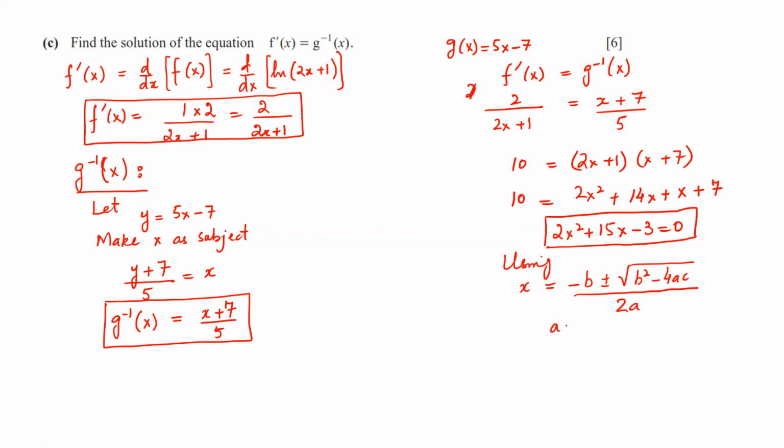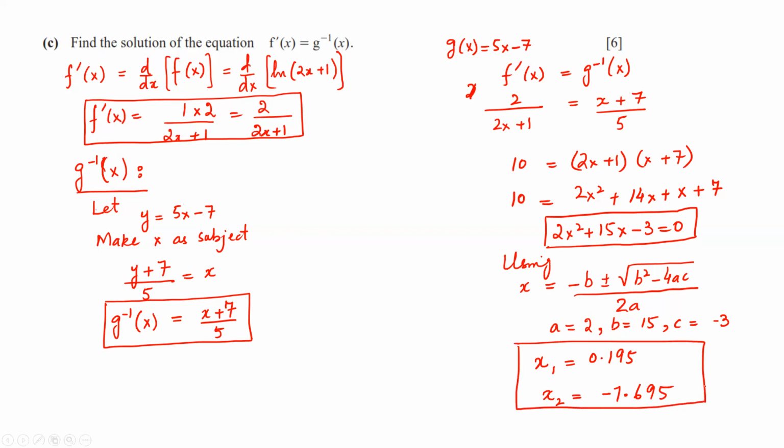We have a equal to 2, b equal to 15, c equal to minus 3. Now if we put these values, we get two roots. x1 is equal to 0.195 and x2 is minus 7.695. So these are the two roots of the equation.